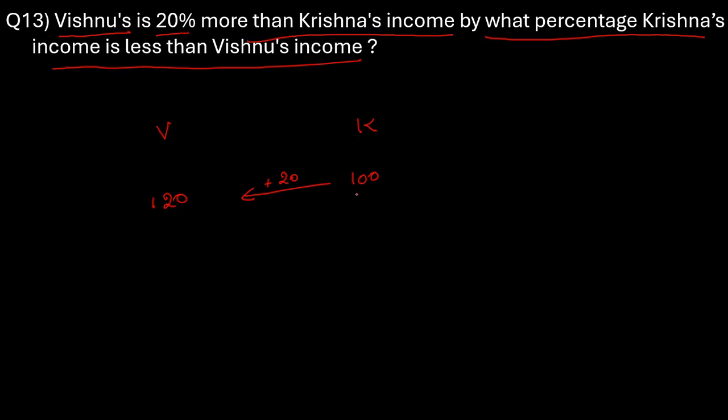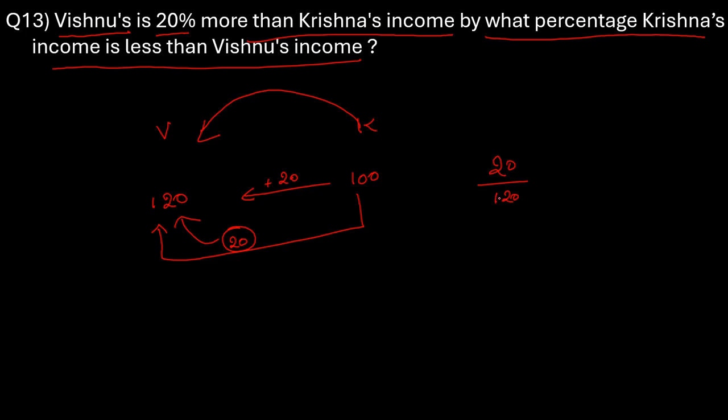So, Krishna is obviously earning 20 rupees less when compared with Vishnu. Right. So the difference between initial and final value is 20. And I am comparing the income of Krishna with the income of Vishnu. Right. So Krishna's income is 20 less than 120 rupees.